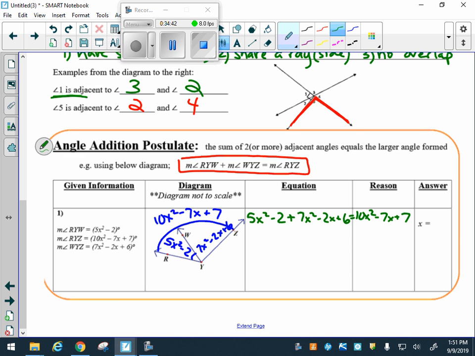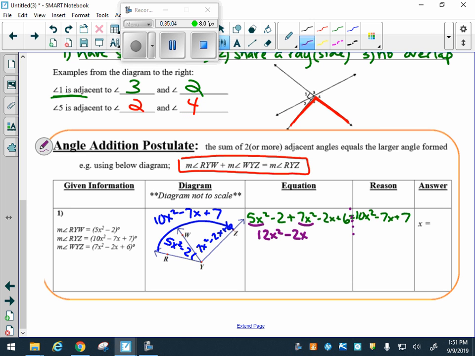Okay, so now we have our equal sign here, and we are going to solve this equation algebraically. 5x squared and 7x squared are all on the same side of the equal sign, so we just combine like terms there. We have a minus 2x and no other x terms on the left.